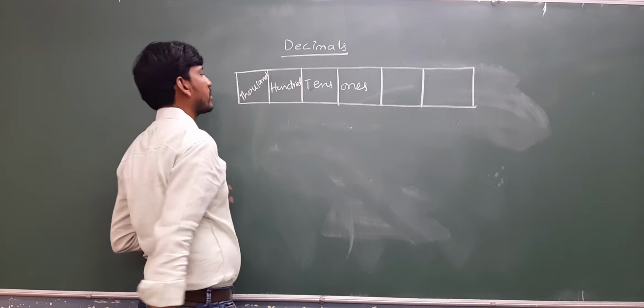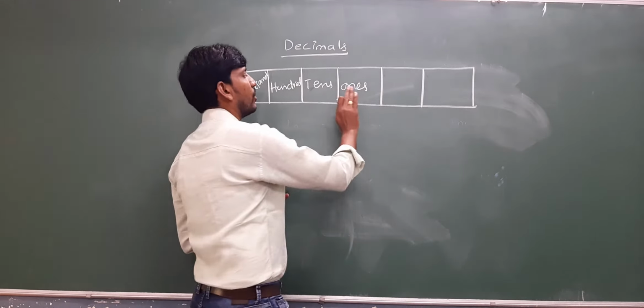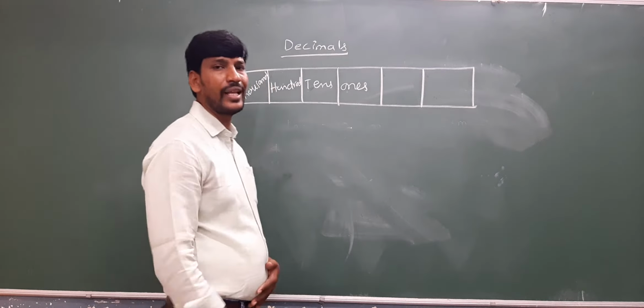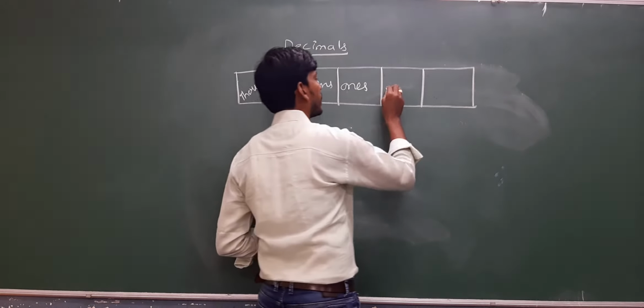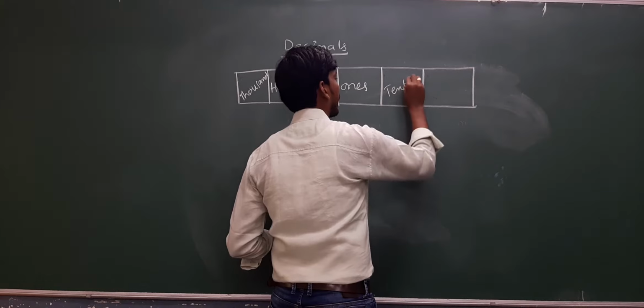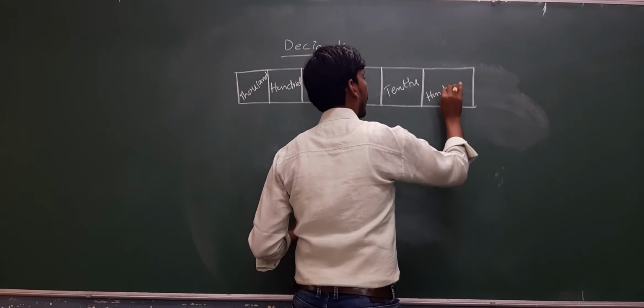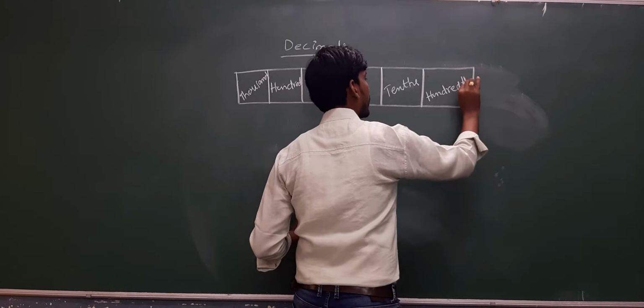Already we discussed this in 6th class, 5th class also. So after the ones place, what are the places of these numbers? There is a name for that. That is the tenth place.